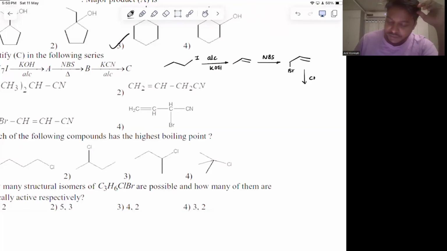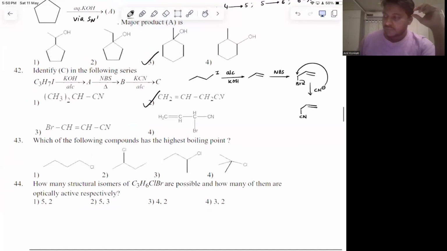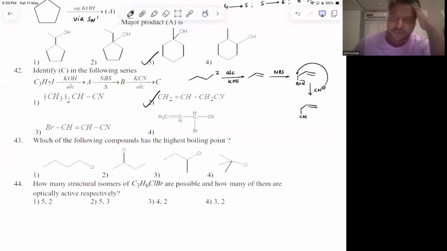Then CN minus will react by an SN2 mechanism, removing this bromide. So thereby we'll get this as cyanide, which is option 2. Even if the iodide is at the secondary or primary position, it does not impact the reaction. It will still be the same.